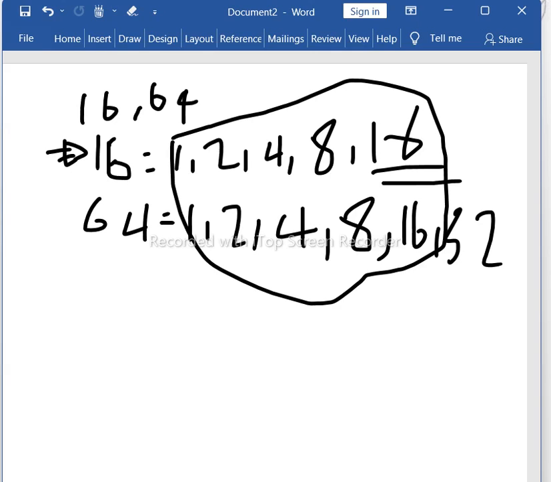So the greatest common factor of these numbers is 16.